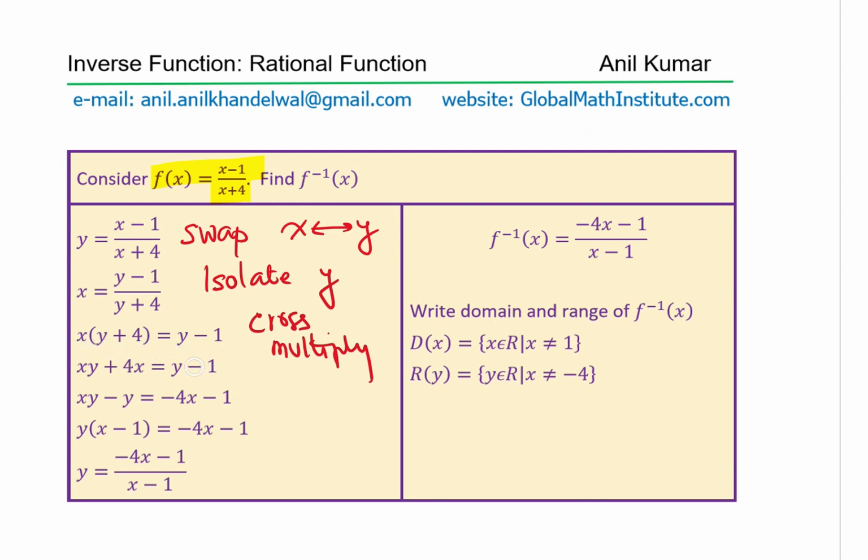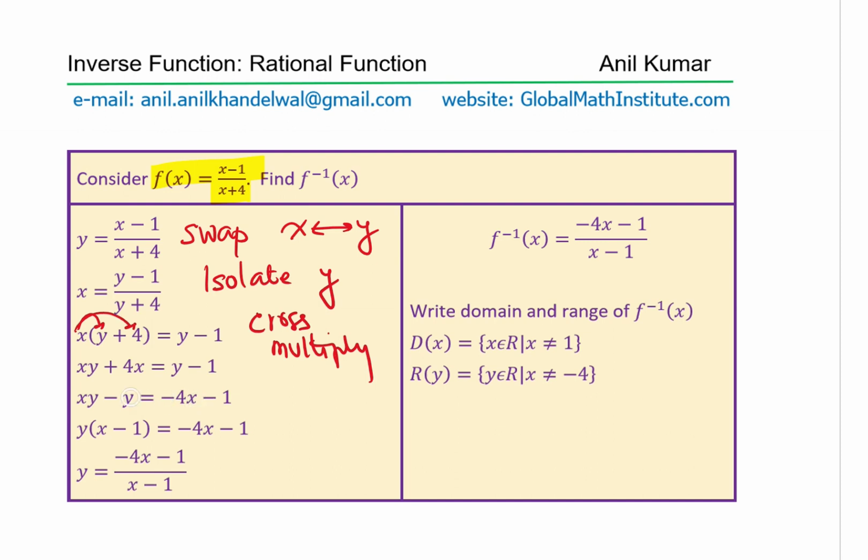Now bring the x terms and the y terms to different sides. So bringing y to the left side, we get xy minus y equals minus 4x minus 1, right? So we did the distributive property, expanded, correct?